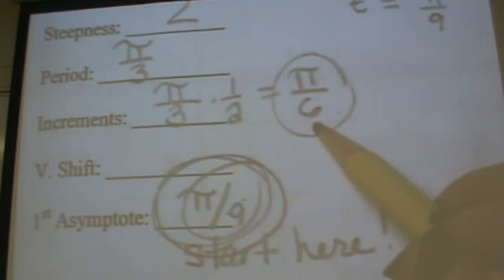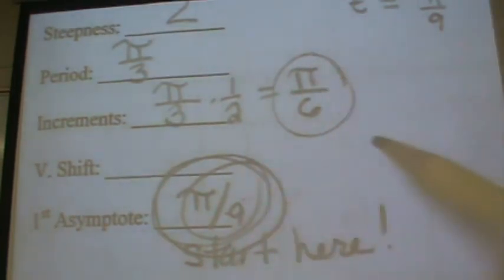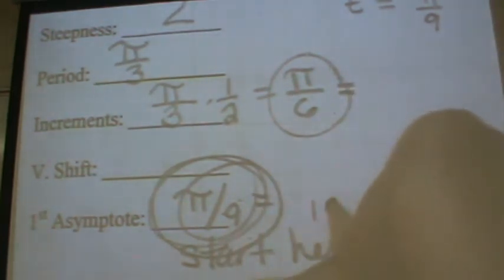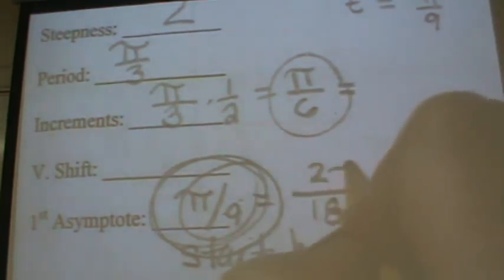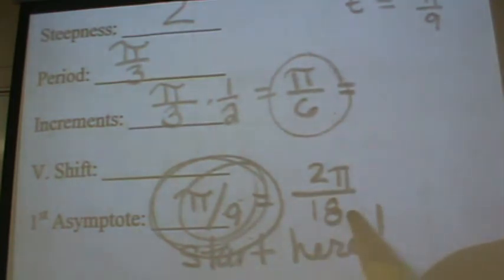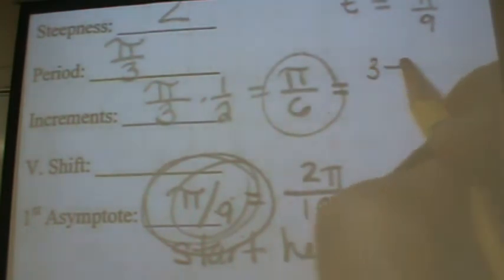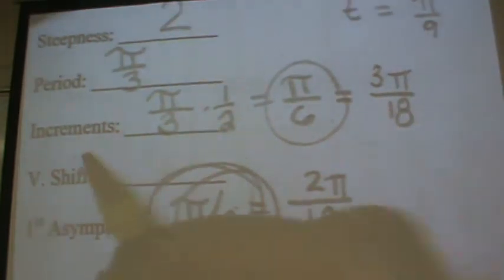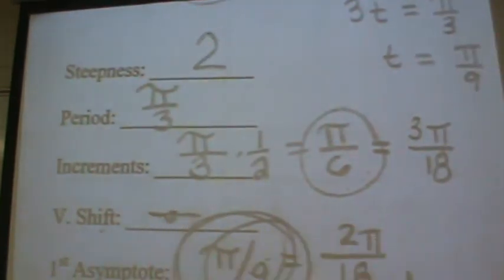They're different. How can we count by 6s when we're going to start at a 9? So what's our common denominator? I'm going to do 18. Instead of pi over 9, we're going to start at 2 pi over 18, and we're going to count by 3 pi over 18. And our vertical shift is, we're not going anywhere. We're staying on the x-axis.